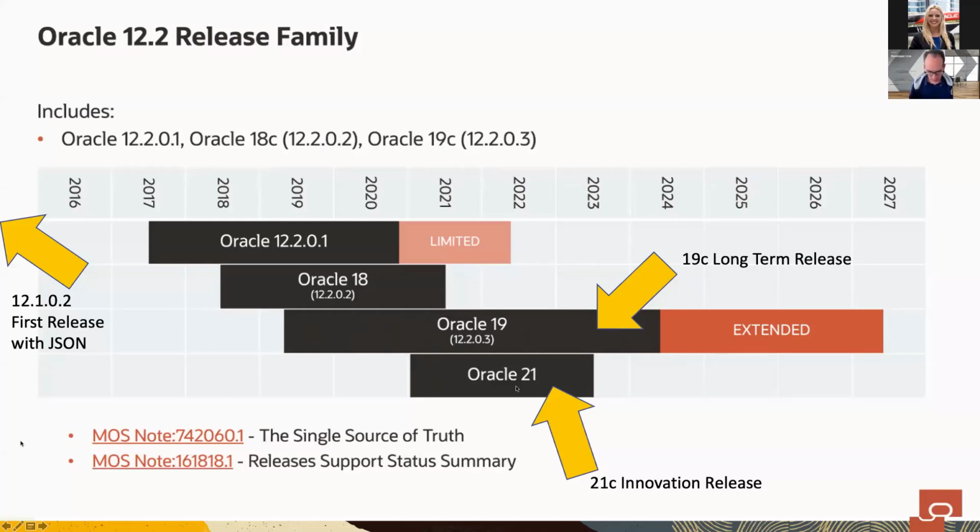There is also a 21c version coming quite soon. That's what we call an innovation release. It won't get supported as long, but here you get access to newer JSON features like the JSON type, for example. That's a reason why you could consider using Oracle 21c.